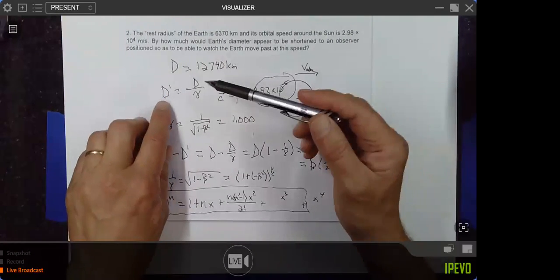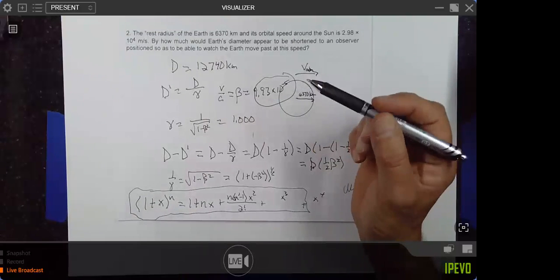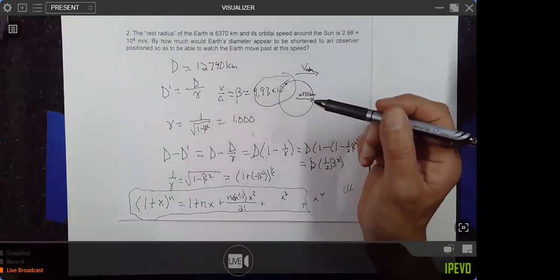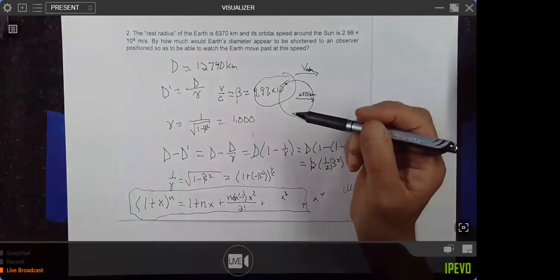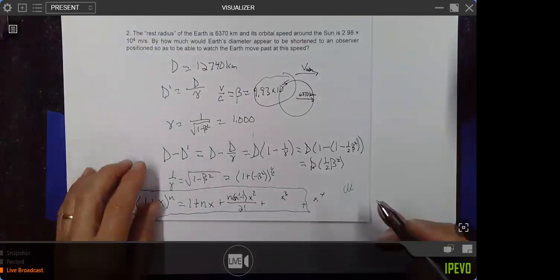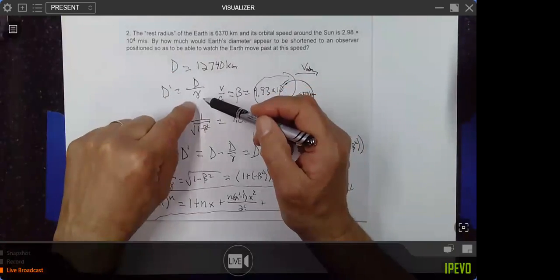And the shrunken length that a moving observer would see, or someone who's moving with respect to the Earth, or for whom the Earth is moving with respect to them, and it turns out it doesn't make any difference which it is, but they'll see the rest length divided by gamma.